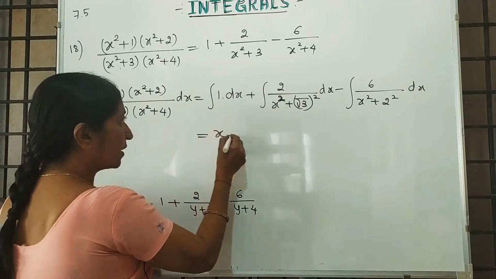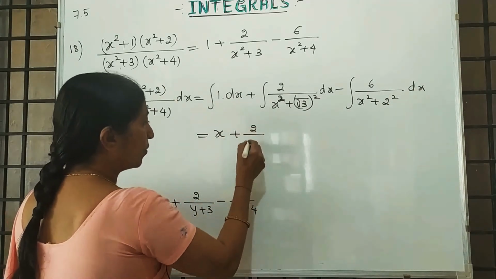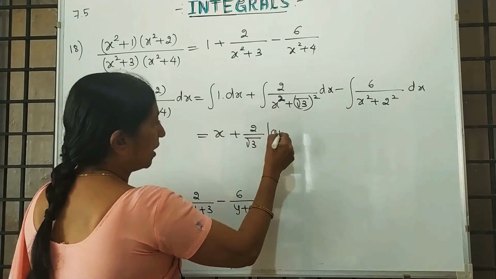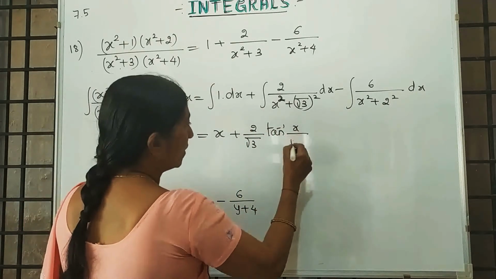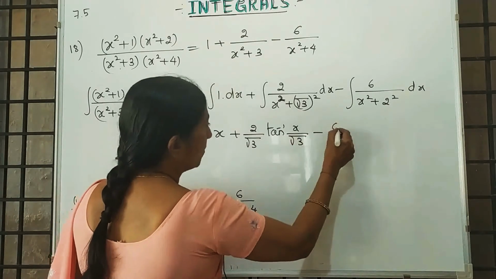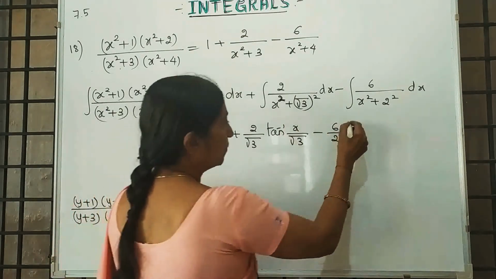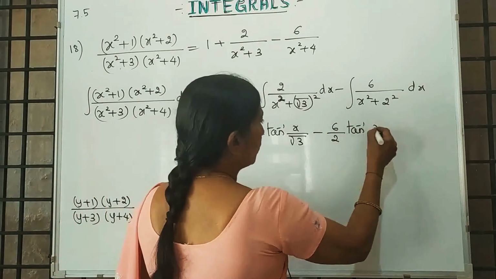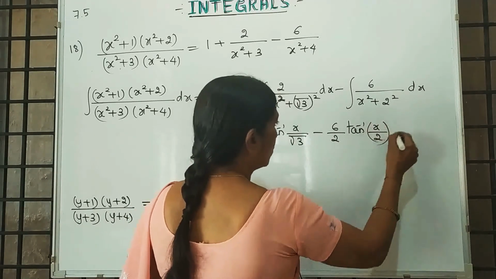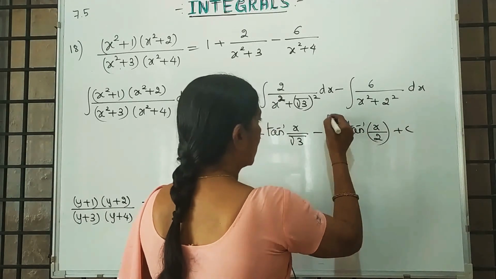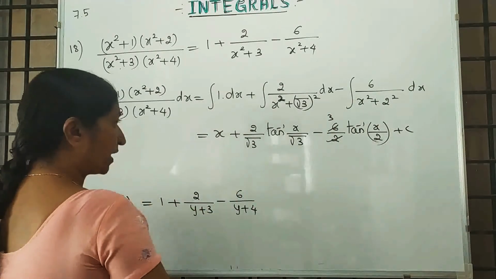Integration of 1 is x. It is 2/√3 tan⁻¹(x/√3) − 6/2 tan⁻¹(x/2) + c. Here only one cancellation, the remaining terms will not cancel.